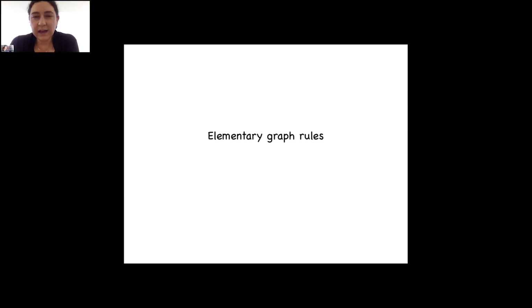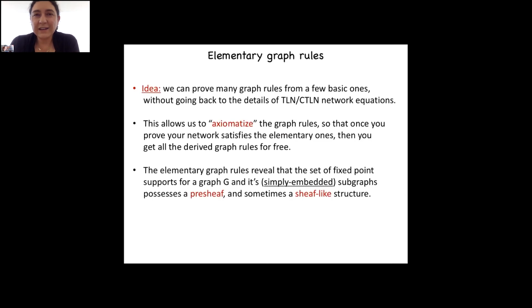And one of the things that we've been looking at recently is trying to pull back the graph rules to an elementary set of graph rules. So the idea here is that we can prove many auxiliary or derived graph rules from a set of elementary ones. And so what we would like to do is kind of axiomatize, find some basic set of graph rules from which the other ones will follow.